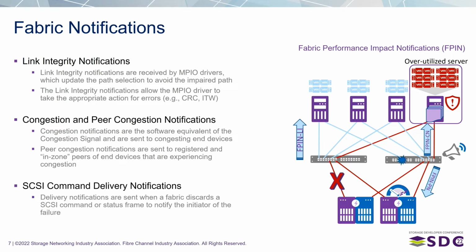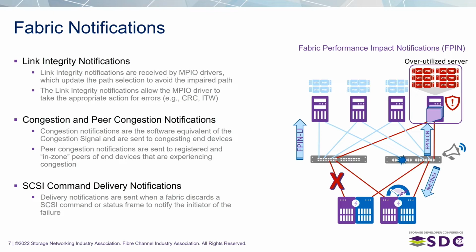And then finally, is the case of the delivery notification, which is more or less a special case that can be associated with the transport protocol. So if we take SCSI, for example, if we know that somewhere in the fabric that we have discarded, for whatever reason, a valid, clean SCSI command, we can send a notification back that says, this command is not going to get to the destination.